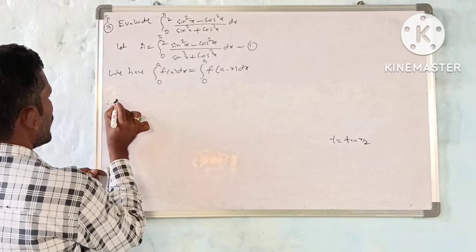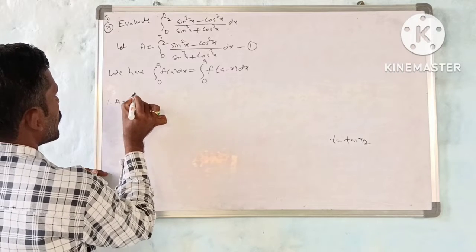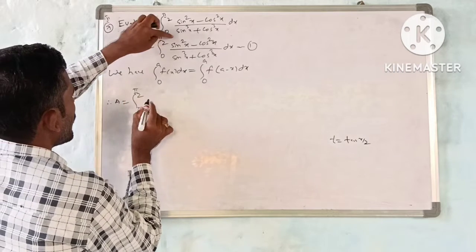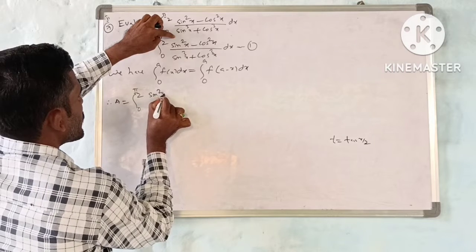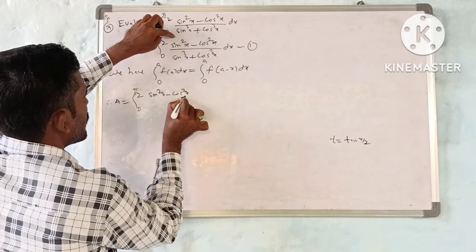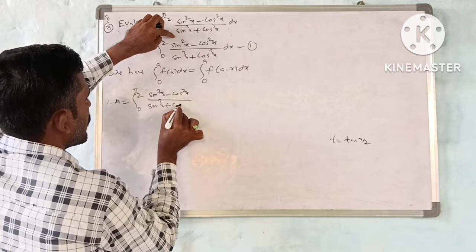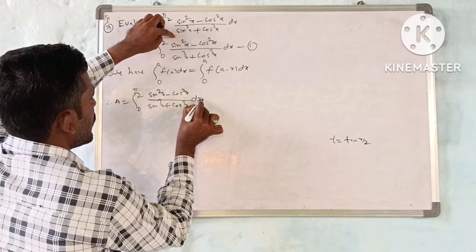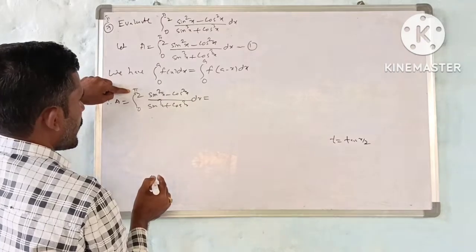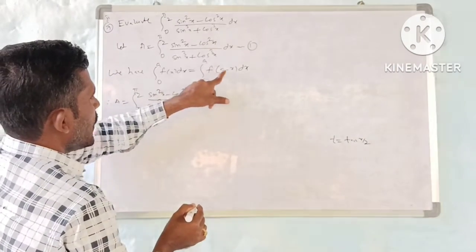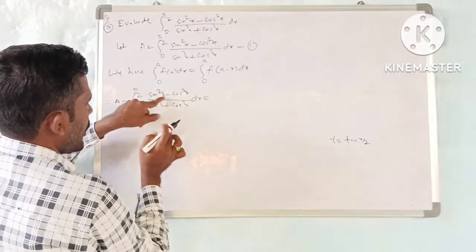From 1, a is equal to the integral from 0 to pi by 2 of (sin square x minus cos square x) all by (sin cube x plus cos cube x). The upper limit is pi by 2, so in place of x we take pi by 2 minus x.